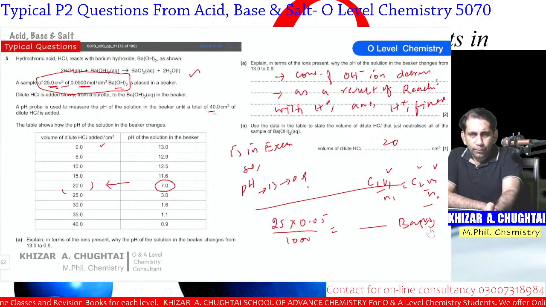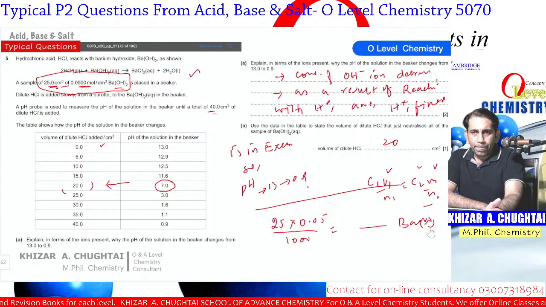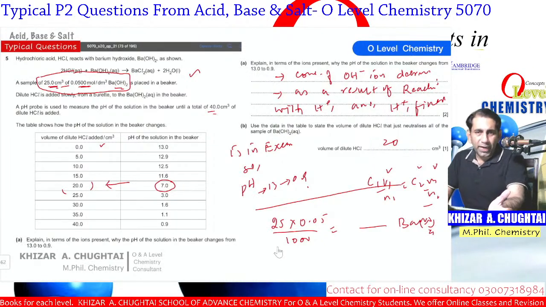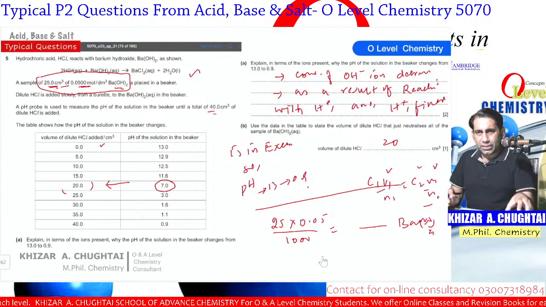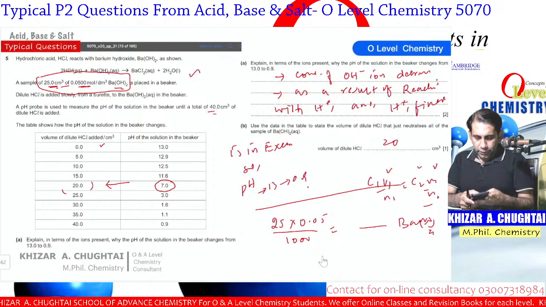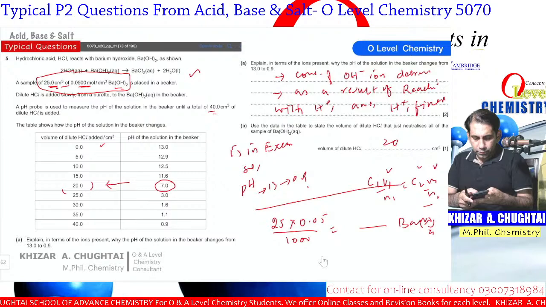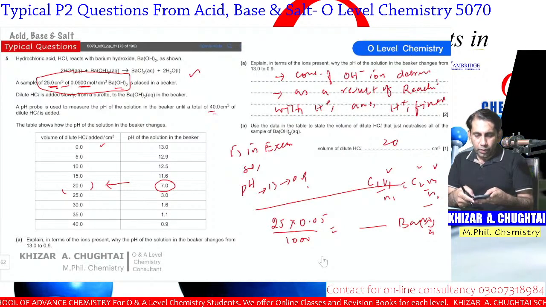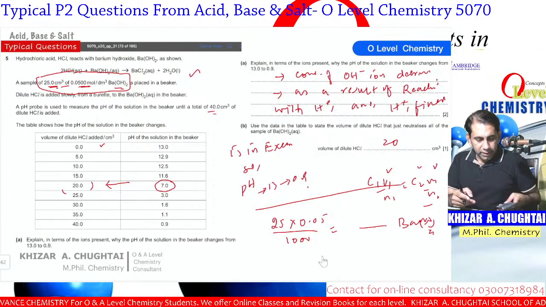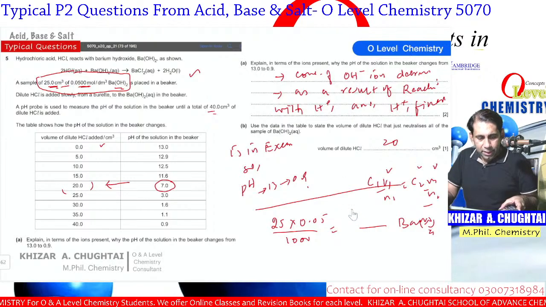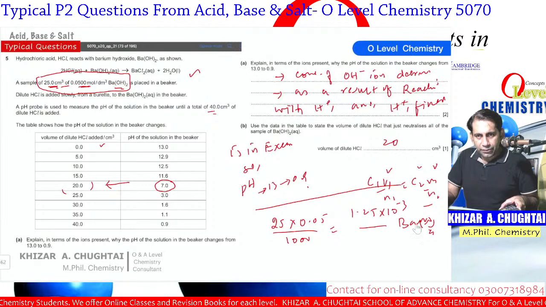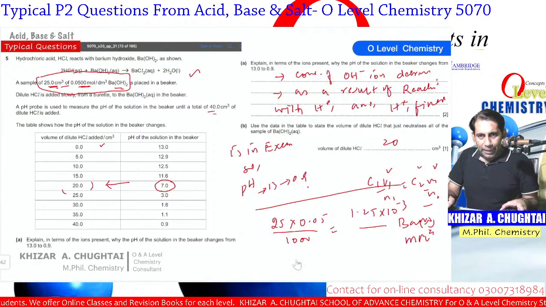That is the overall mole at the moment, till the point of neutralization. What is its answer? Please let me know. 25 into 0.05 divided by 1000, and answer is, if I'm not wrong, 1.25 into 10 raised to power minus 3 moles.